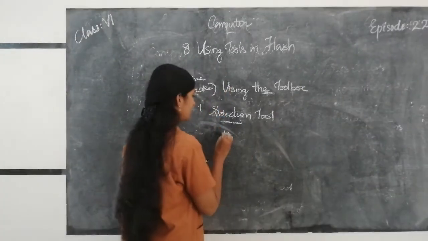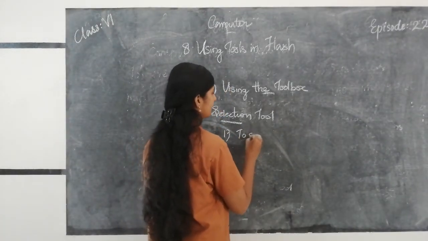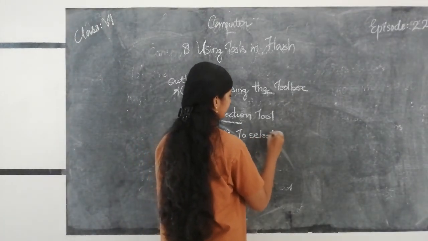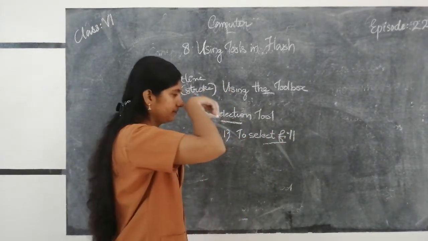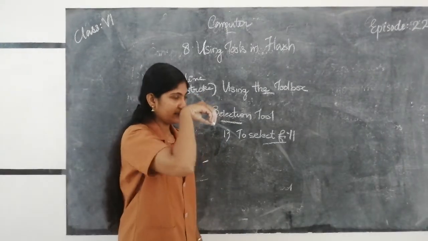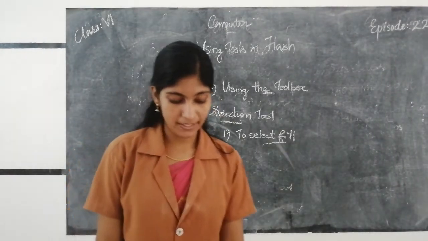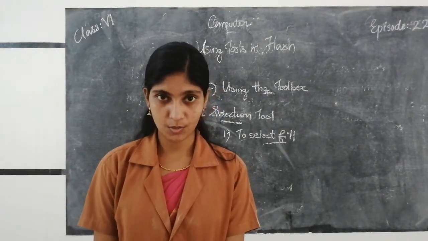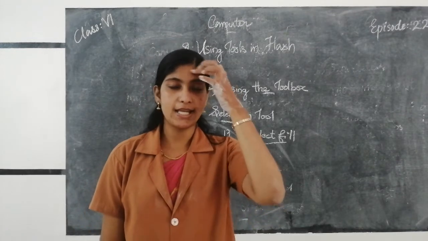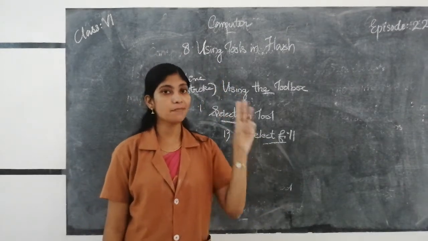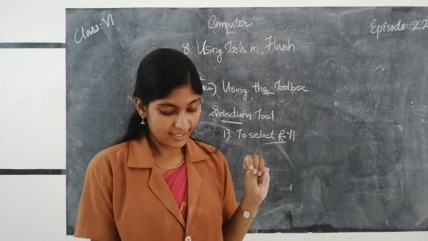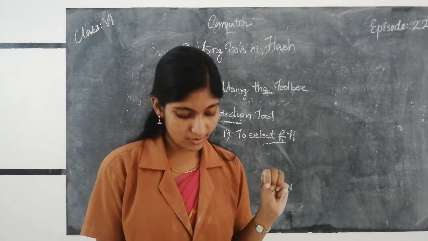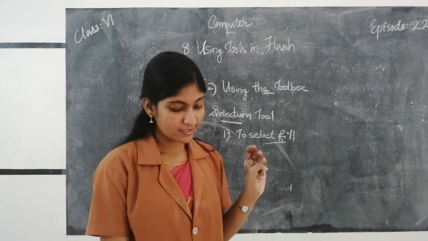How to select the fill with the selection tool: click on the selection tool. First we need the selection tool, so that is the first step. Then click on the fill.